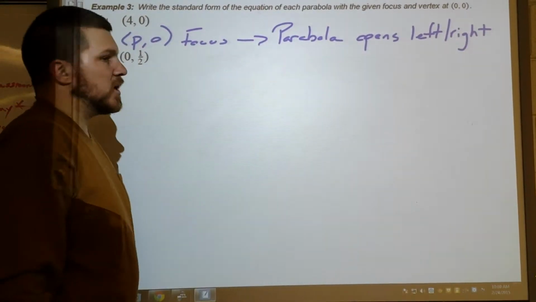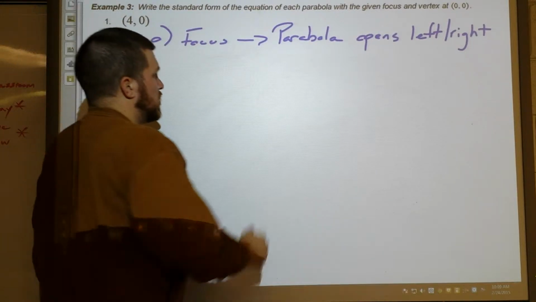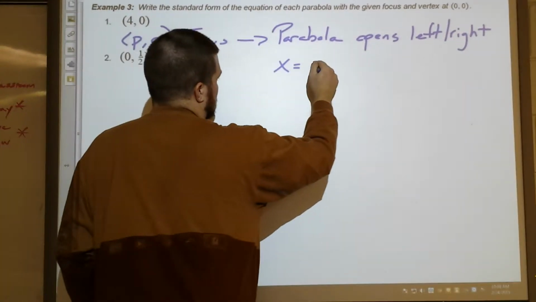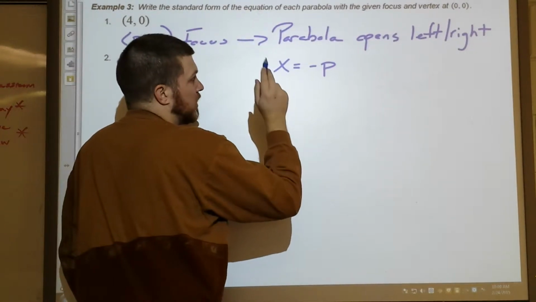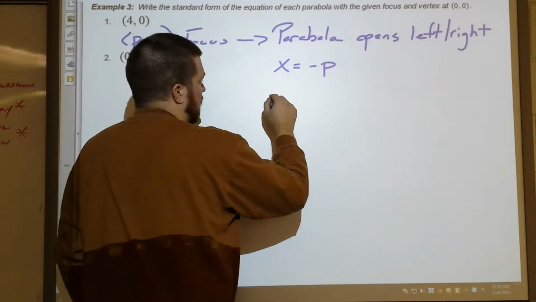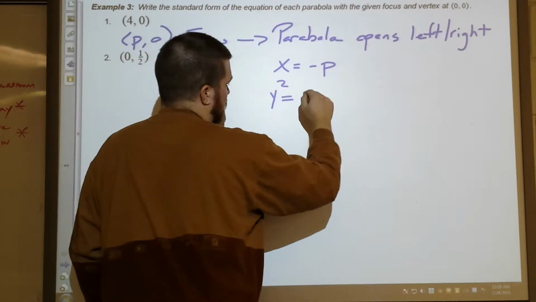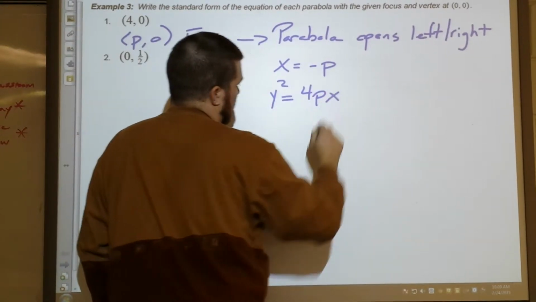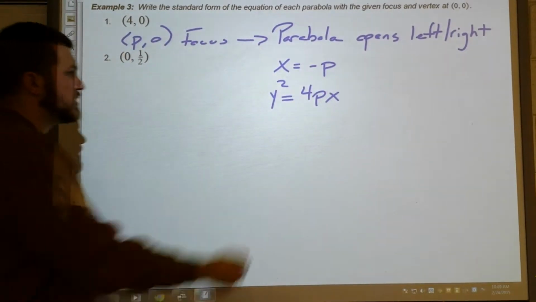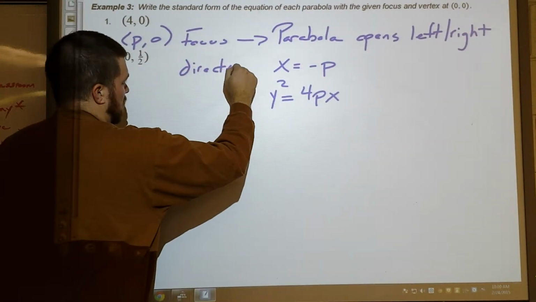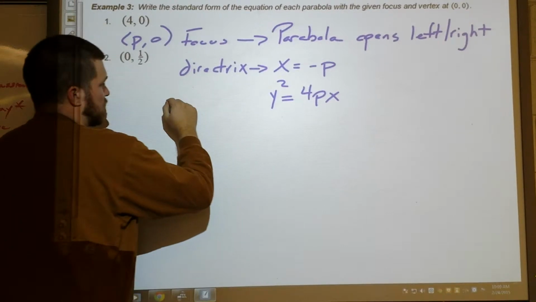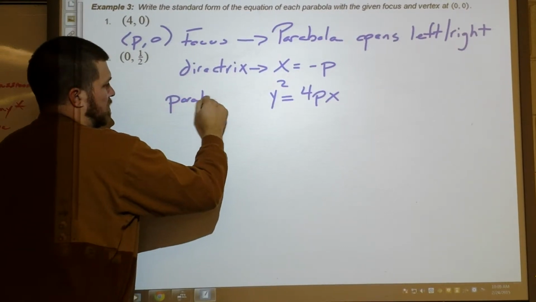We went on to say that the equation of the directrix was x equals negative p, and the actual equation of the parabola itself was y squared equals 4px. So this is the directrix, and this was the parabola itself.